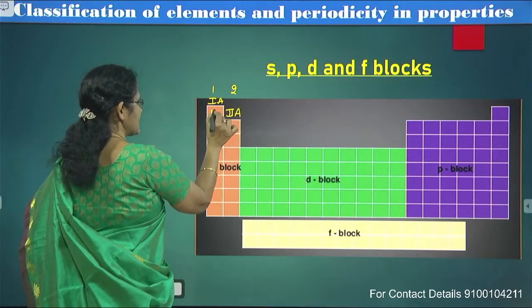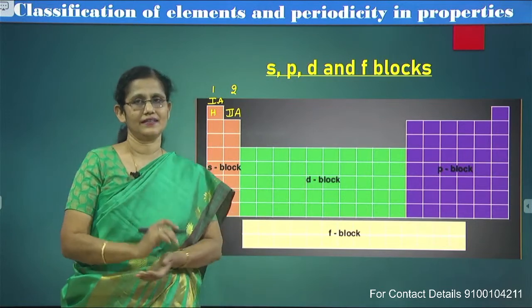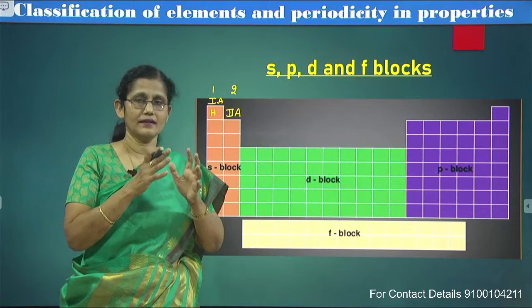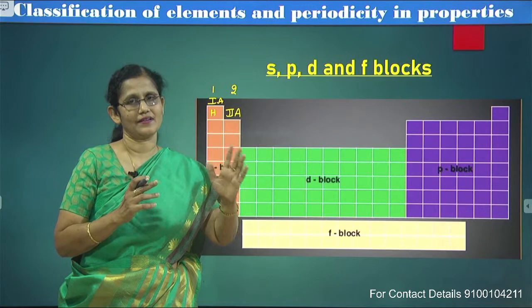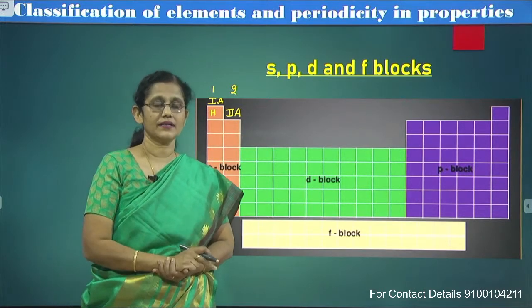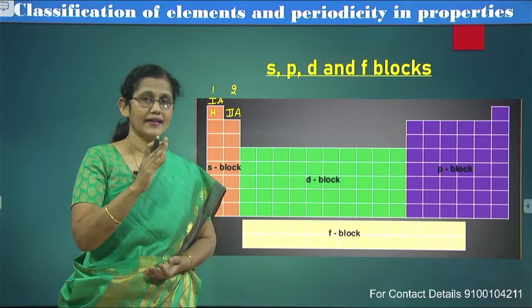See, this particular hydrogen we are studying separately. In the first year syllabus we have hydrogen and its compounds as a separate chapter. For +1 students, hydrogen is a separate chapter. For board intermediate students, it is hydrogen and its compounds.